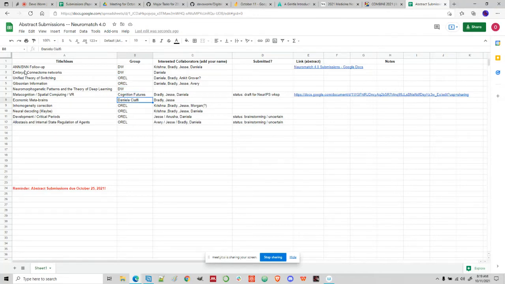We have the ones that we've done in previous conferences. We did some work on the artificial and biological neural networks. We have some stuff on complex networks. We have this unified theory of switching. Some of these aren't easy, the title isn't straightforward.